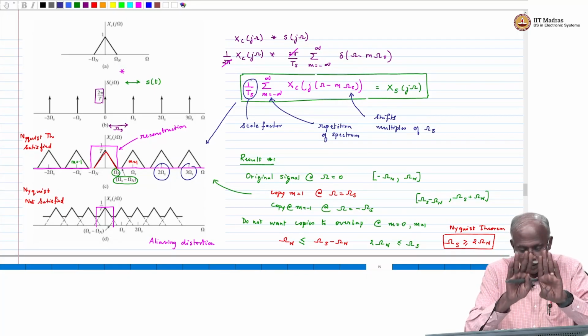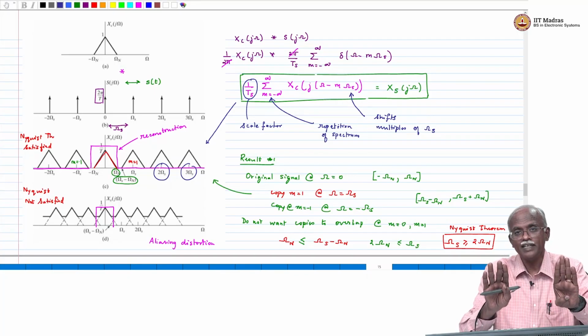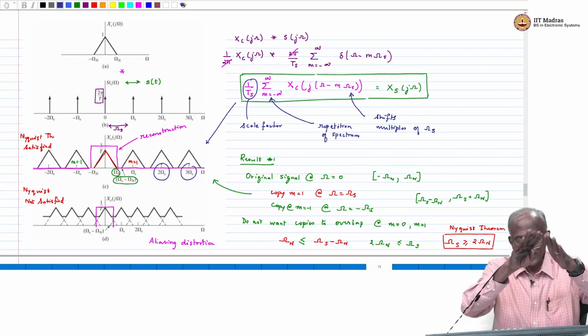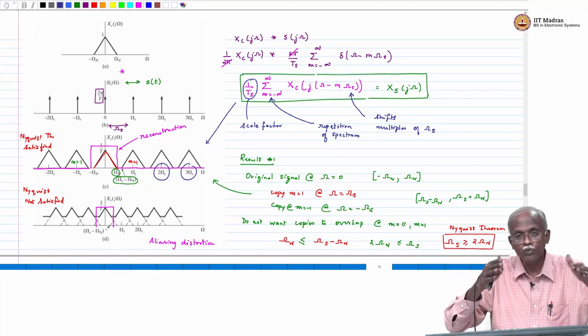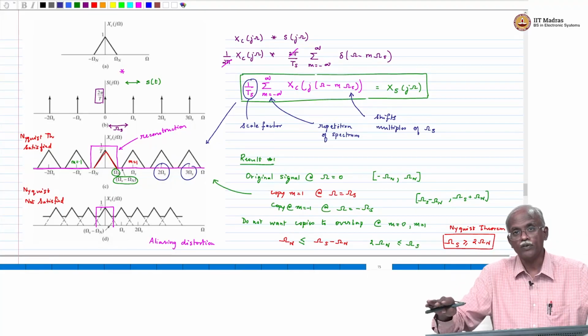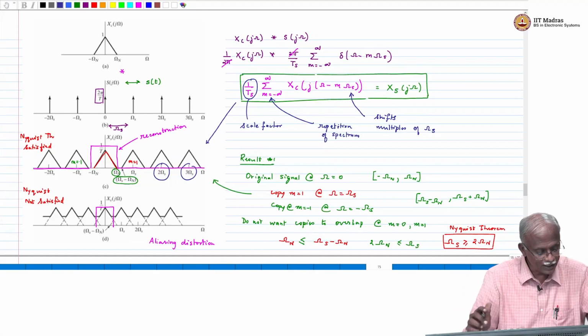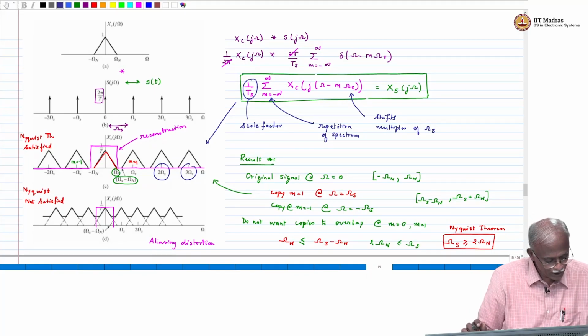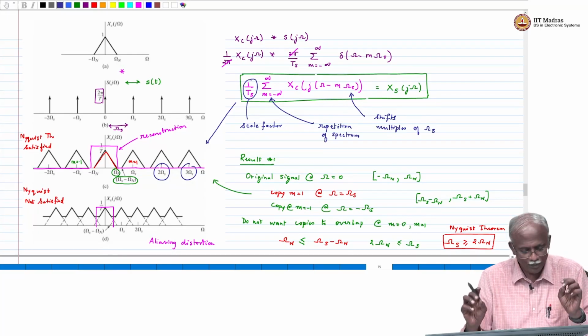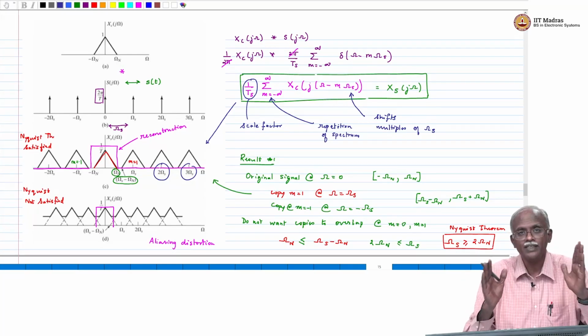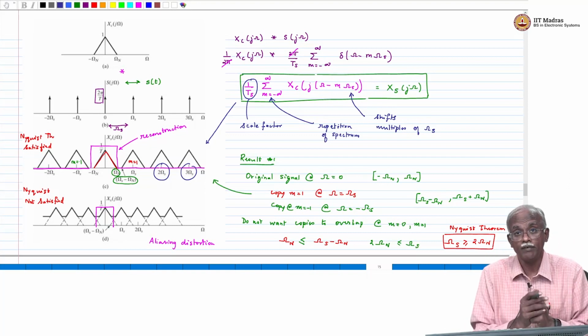And if you have satisfied the Nyquist criterion, then we can apply an ideal low pass filter and we can remove the unwanted copies to get the original reconstruction. So, I would like to stop at this point because this is an important concept that we have developed.